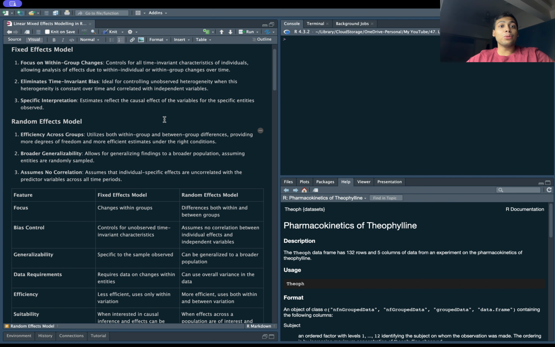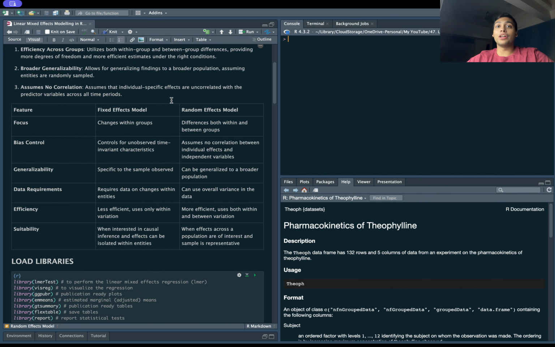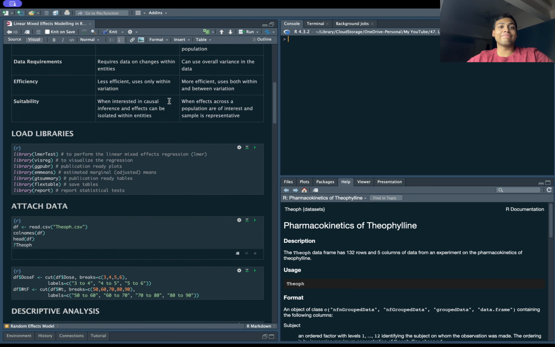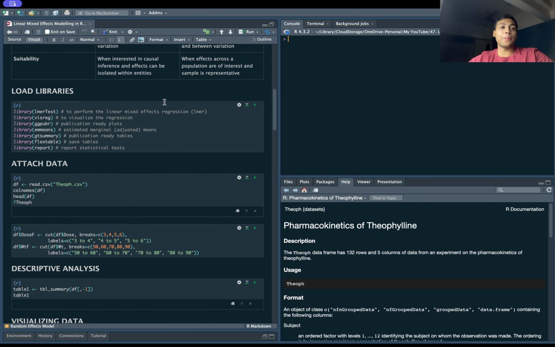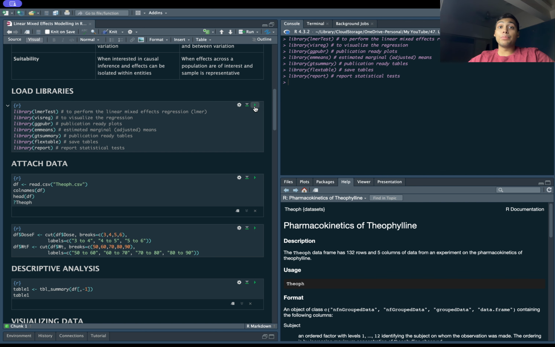Now, without further ado, let us start by modeling a mixed effects model. Now, the first thing, as we always do, is to load libraries. We are going to use the lmer, linear mixed effects regression function. Alternatively, the lme4 package, both can be used to model mixed effects models.